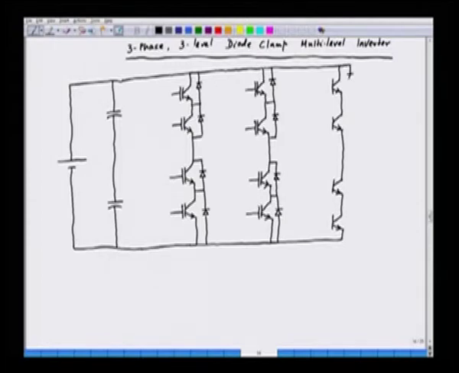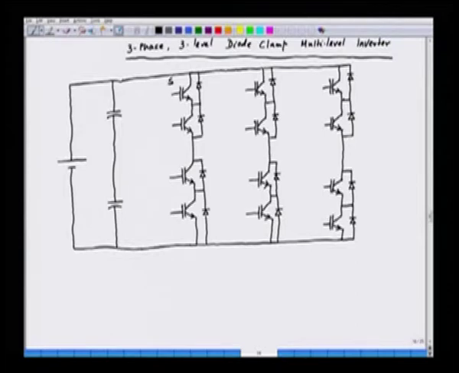And then we have phase C, and we can also name them accordingly.